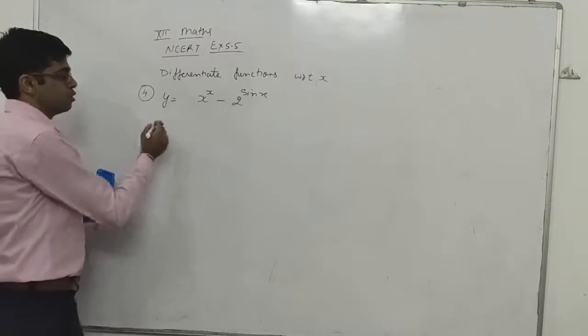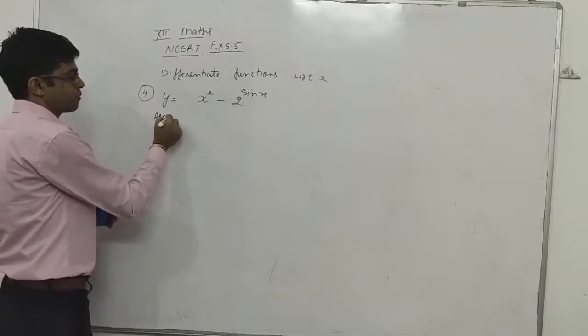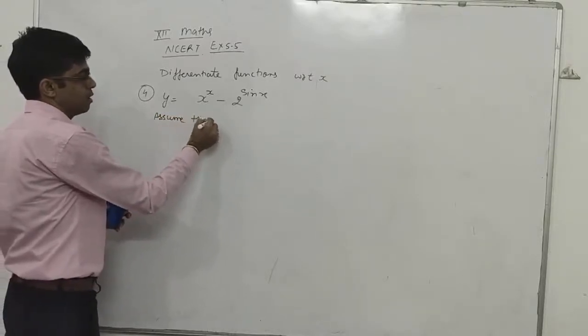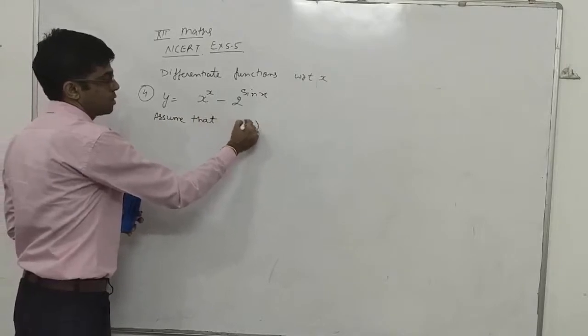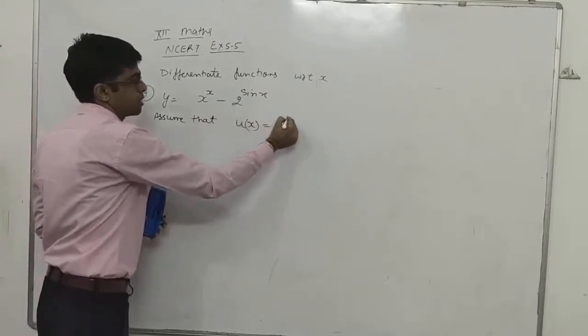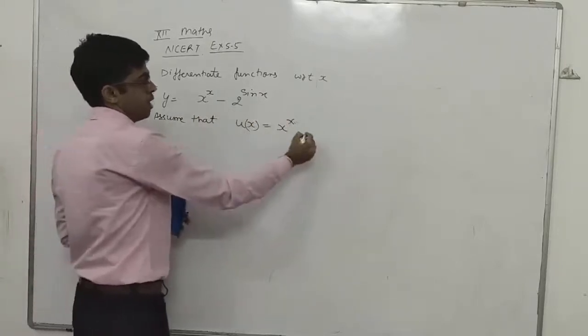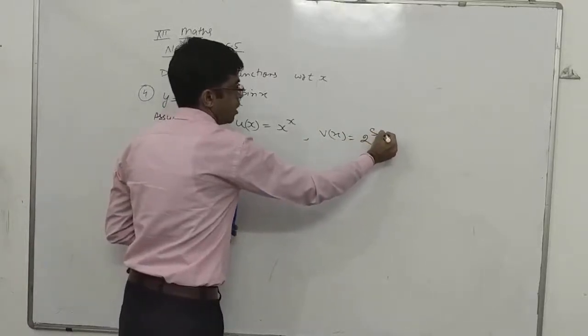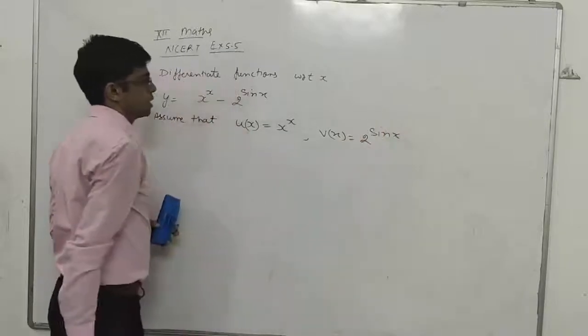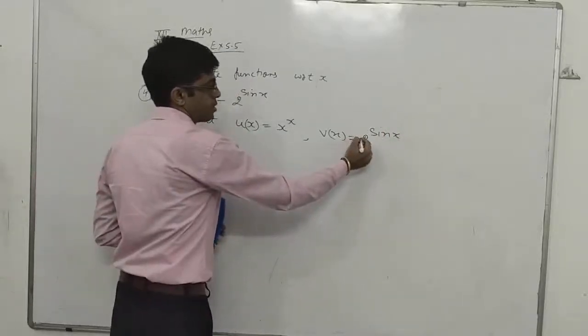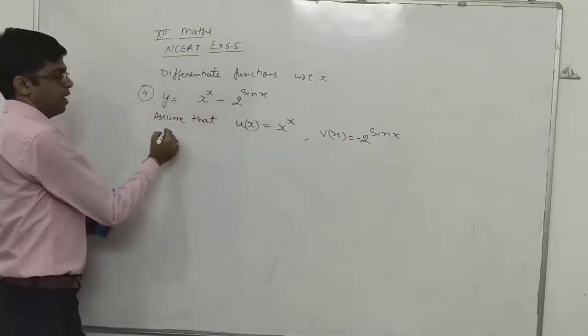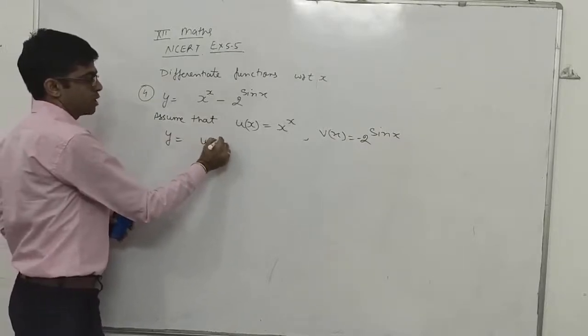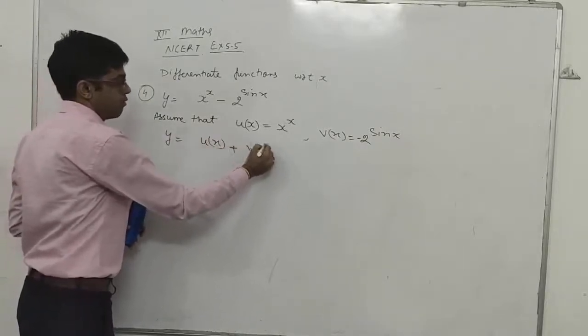So let us assume that u(x) is x raised to the power x and v(x) is minus 2 raised to the power sin x. So finally our y function is u(x) plus v(x).